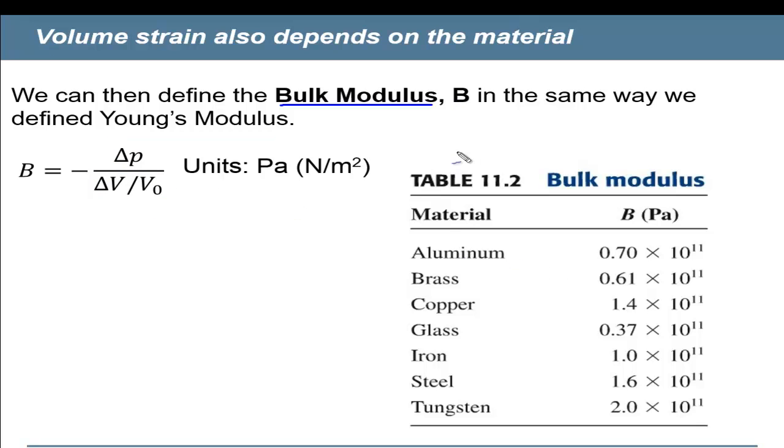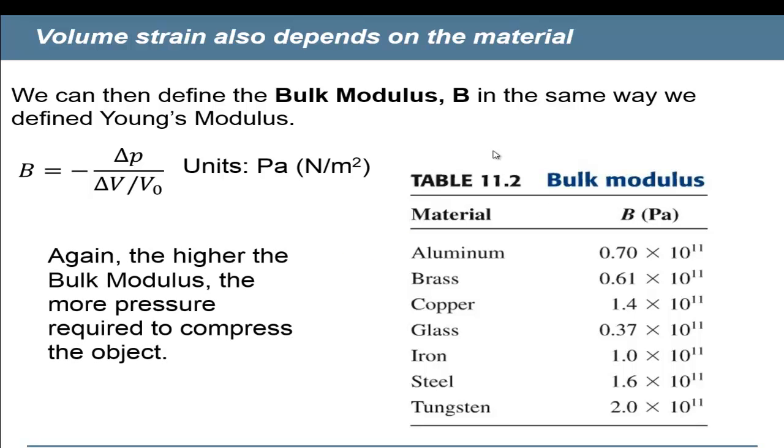So some values for the bulk modulus are given in table 11.2 in your book, just to show you how some of these materials react to a volumetric pressure change or a volume stress. Now remember again that the bulk modulus is a ratio of stress to strain.